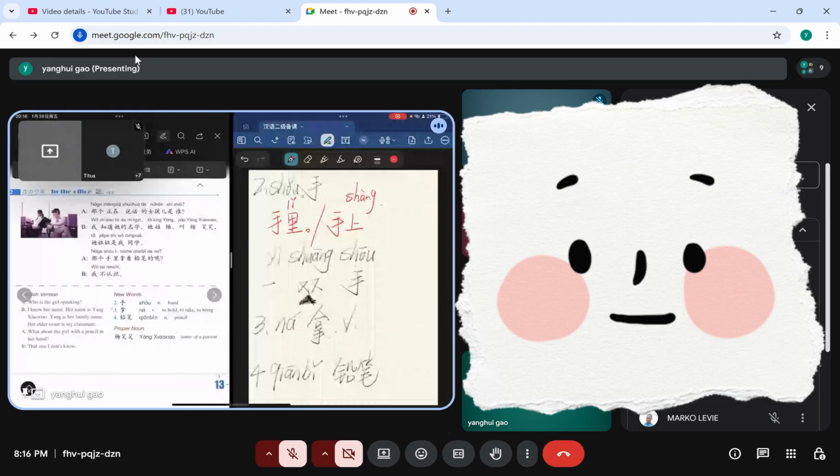Okay, so number 2, the hand 手. In the hand is 手里, on the hand is 手上. And number 3, 拿, to hold, to take. 拿铅笔.